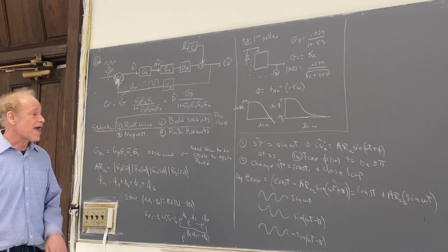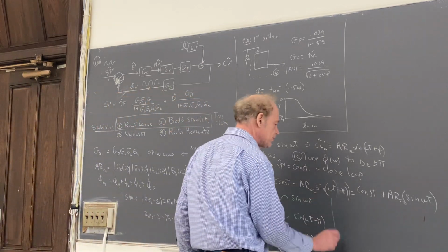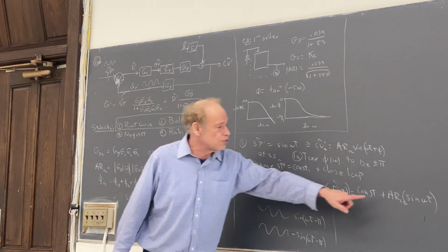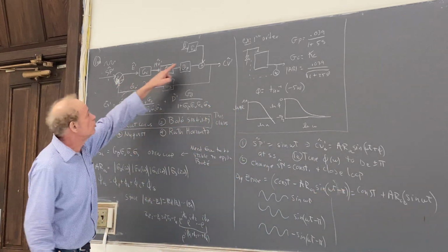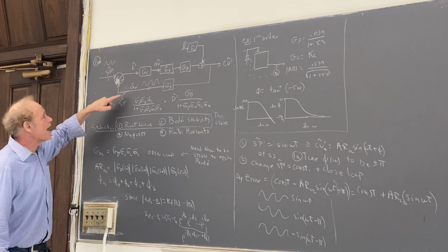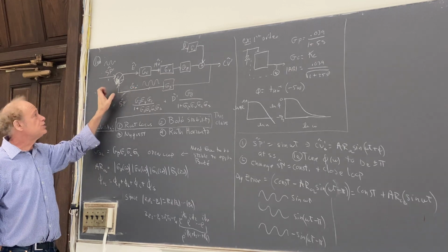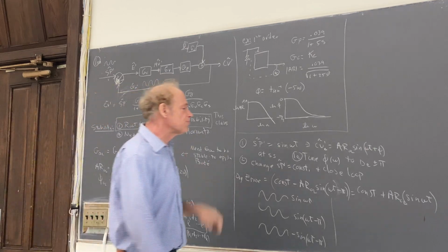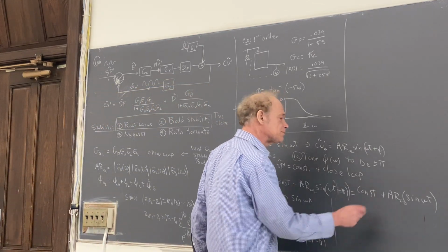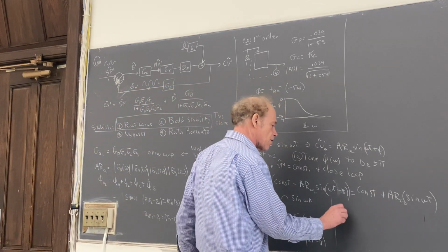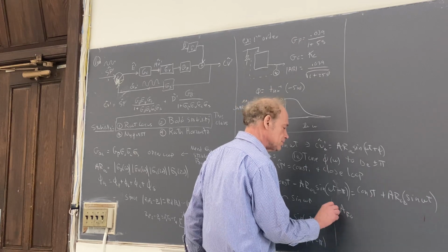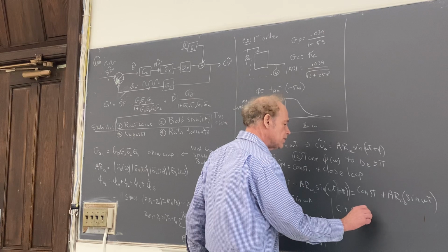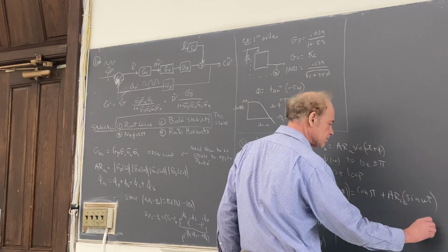Okay, so now every time through the loop, this thing goes through the loop and comes back shifted by minus pi and multiplied by the amplitude ratio. So the next time through the loop, I have AR open loop. So I've got the constant C plus AR open loop times sine omega t.